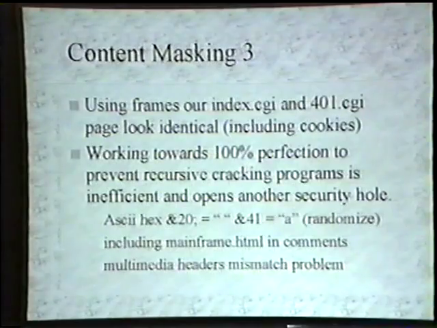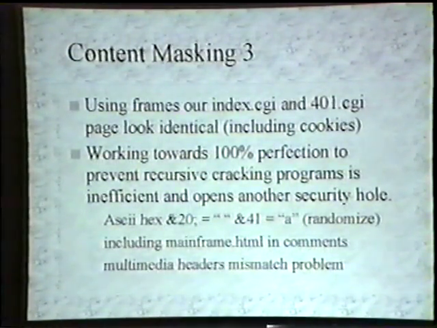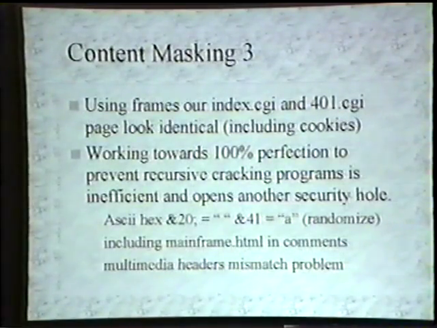Let's see. Okay, this is content masking. We kind of already talked about this. Okay, the second part, working towards 100% perfection. I got this weird idea in my head. I thought that, okay, if they are able to build a traversal function and they are able to check the contents of mainframe.html, they could theoretically do string checking.